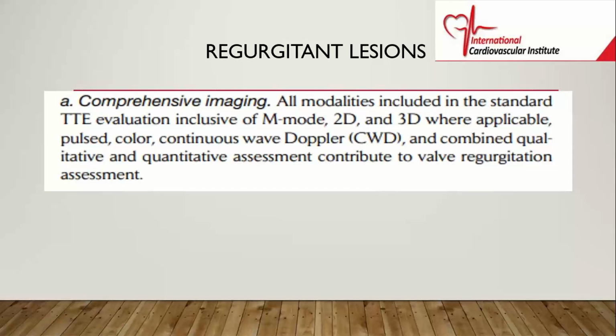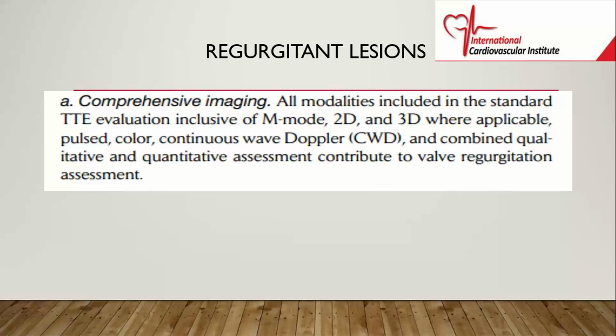So when we do a comprehensive image, we need to do all the modalities that you normally do in a standard transthoracic echo. You have to do M mode because M mode will assist you in understanding the mechanism of the mitral regurgitation, and later we'll show you, especially if we're talking about a late systolic MR, you can see that clearly on the M mode.